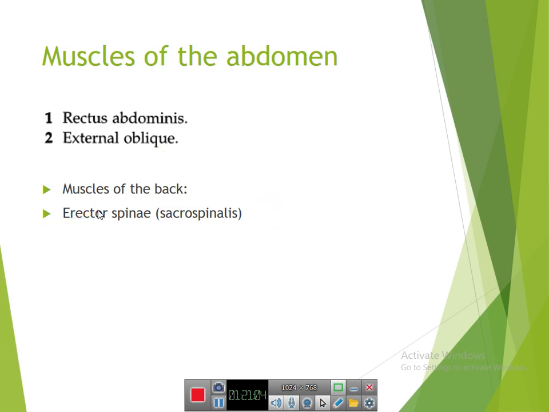And also muscles related to the back, for example erector spinae, sacrospinalis, are related to the thoracic wall in the back. In addition to the muscles listed above, a number of other muscles of the abdomen and of the head and neck are attached to the margins of the two apertures of the thorax.